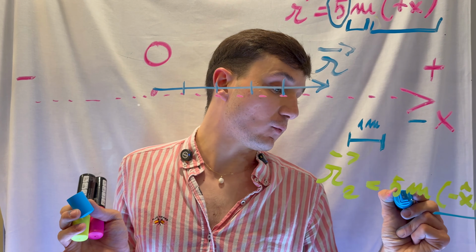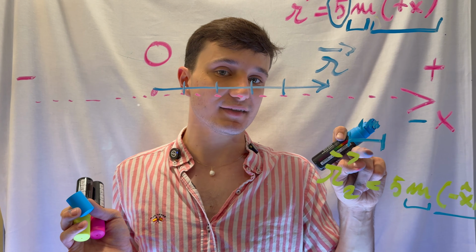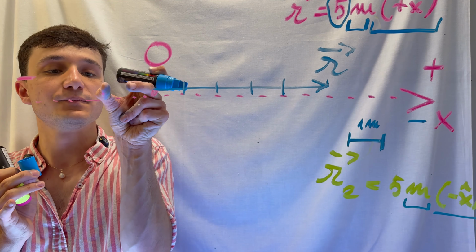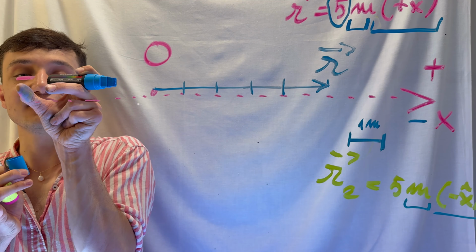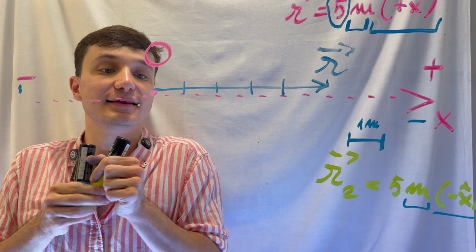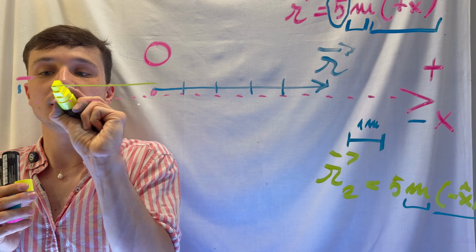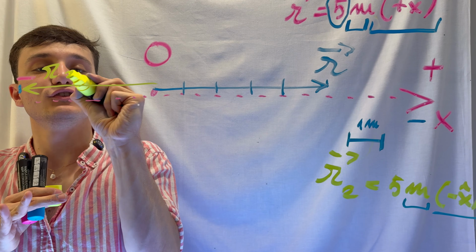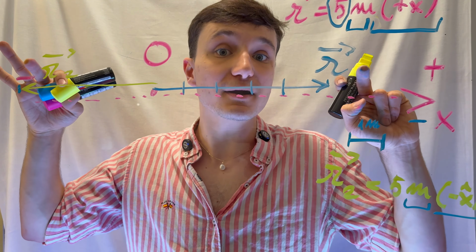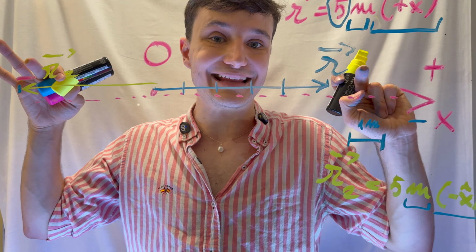I need to go then still meters, so I'm using the same unit, and 5 to the left. So I'm gonna go 1, 2, 3, 4, 5. So this is the point where I'm gonna draw my new arrow that is my vector R2. As you can tell, R and R2 have the same number of units in them, but in opposite directions.